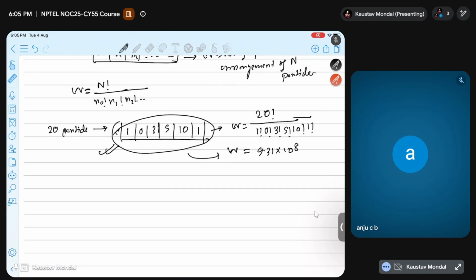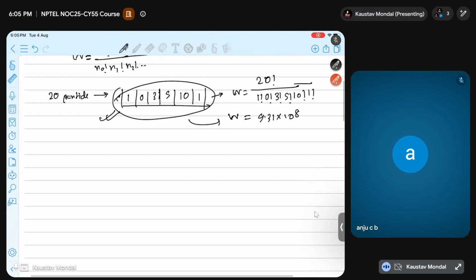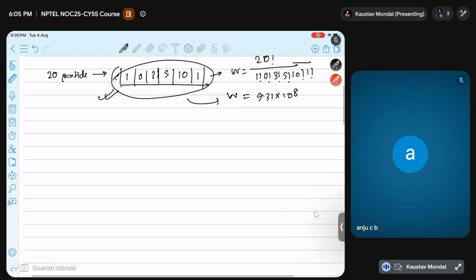To calculate that maximal distribution, we first take the ln of the weight. Since W is a very huge number, it is easier to deal with its logarithm, so we take ln on both sides.